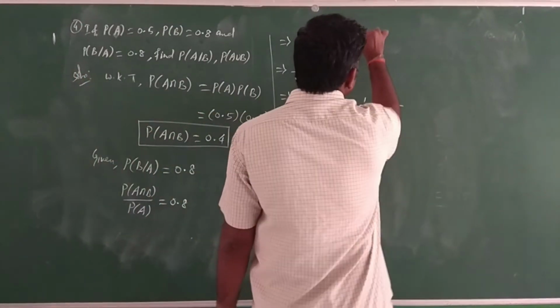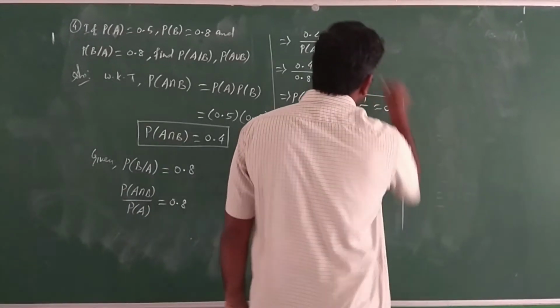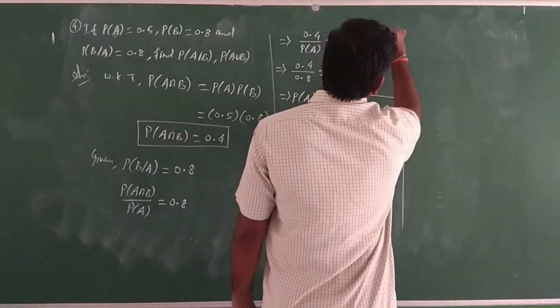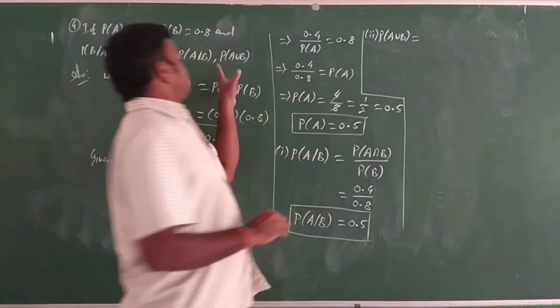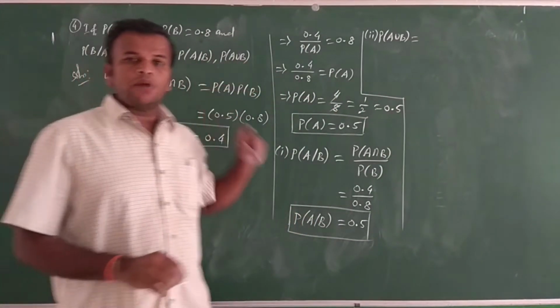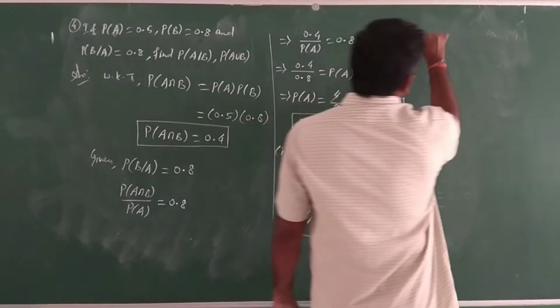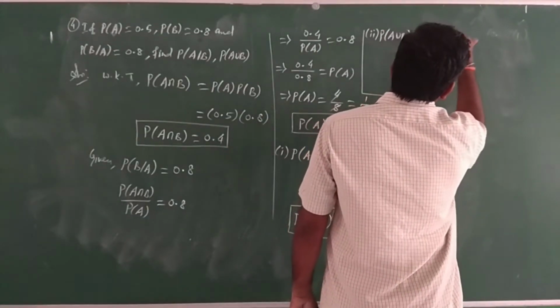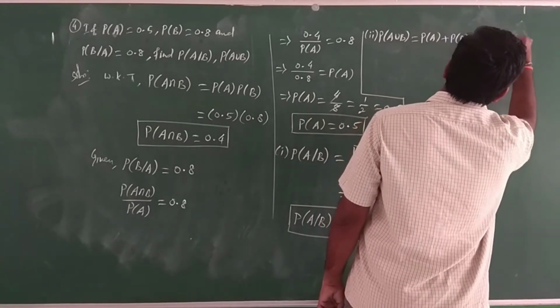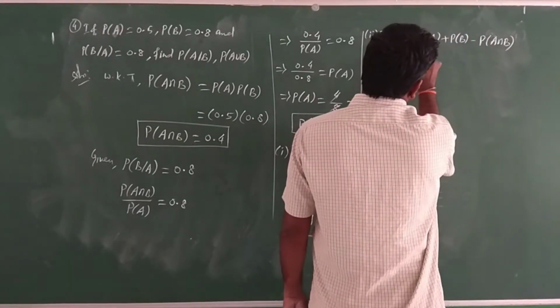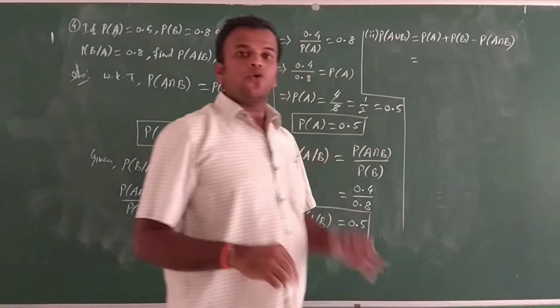Now we find the second one, P of A union B. The formula of P of A union B is P of A plus P of B minus P of A intersection B. Now we substitute all the known values.